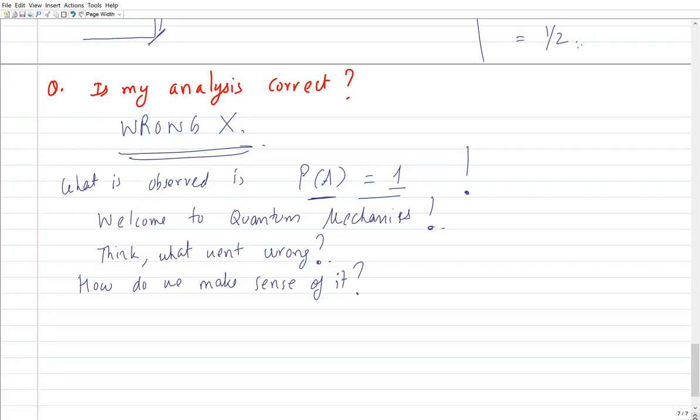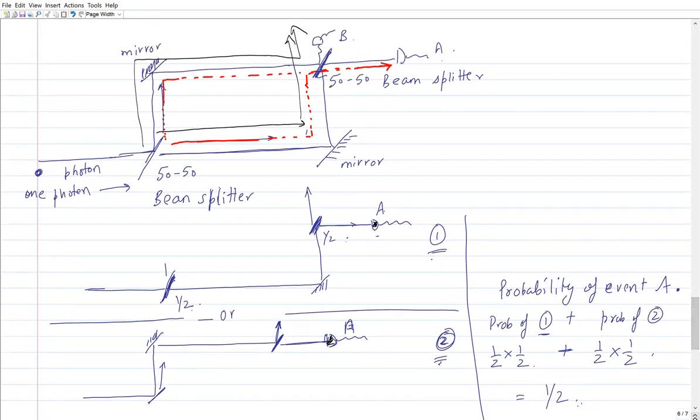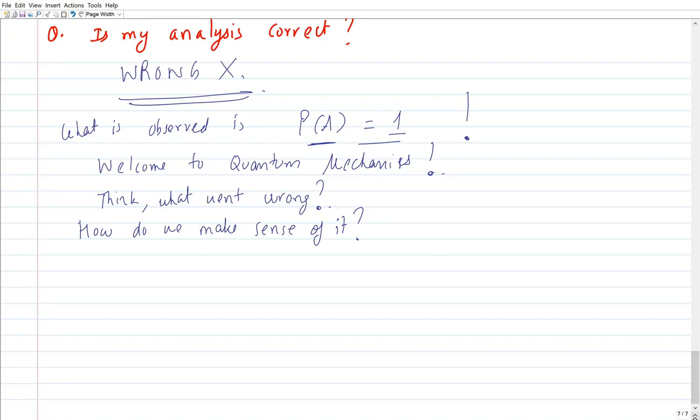What went wrong in our analysis of the beam splitter? Why is this seemingly innocuous beam splitter giving the probability of detection A to be a certain event, and the detection of B to be 0? Well, the answer lies in probability amplitudes.